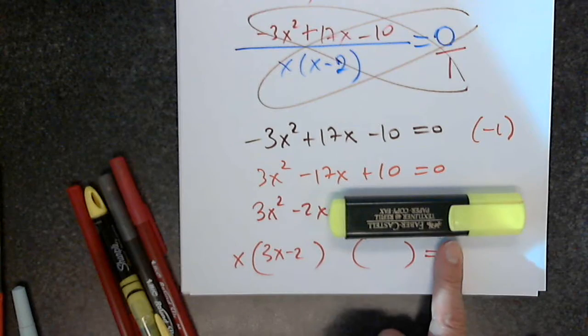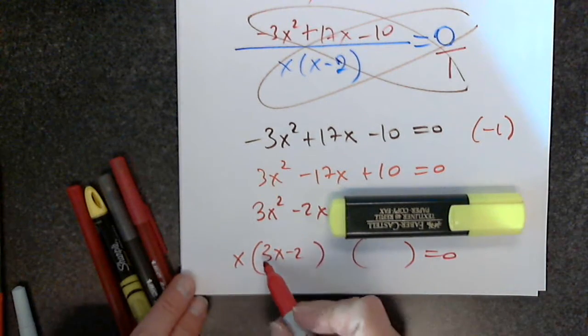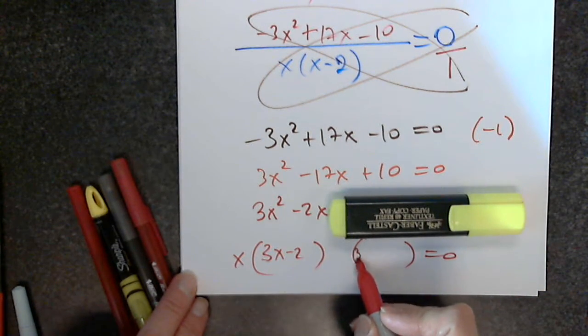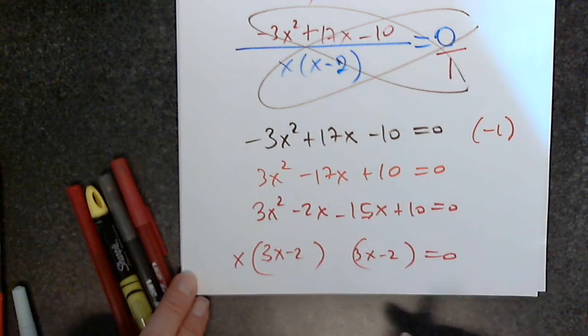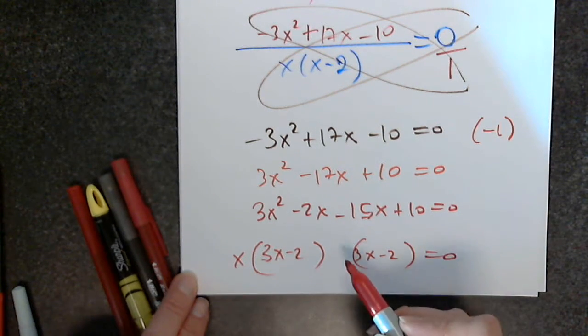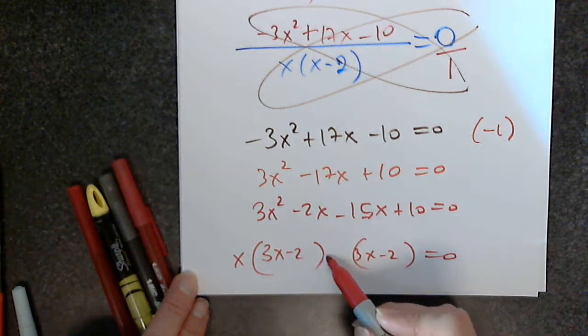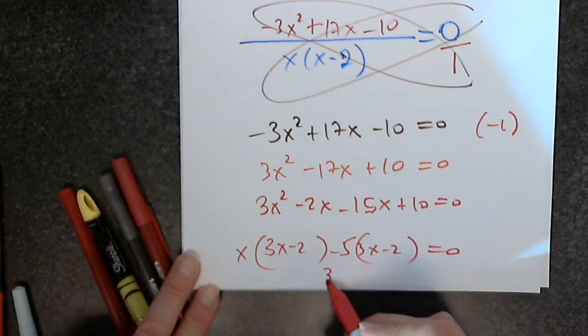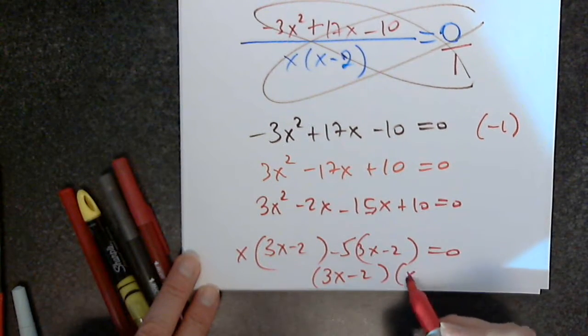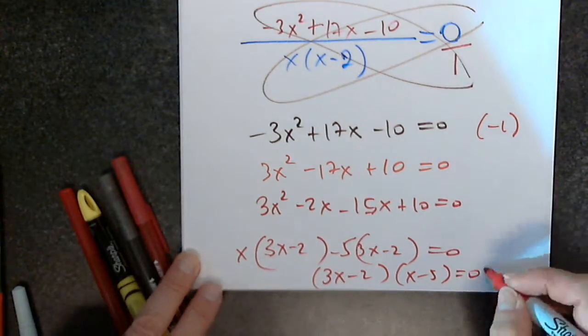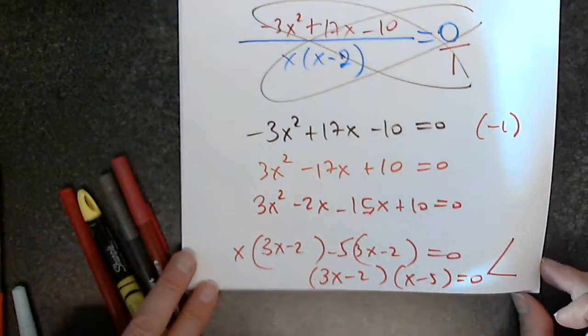I cannot stress enough. So what do I have here? Very good. I agree with negative 5. So then 3x minus 2 and x minus 5. And I have the options. The options are?